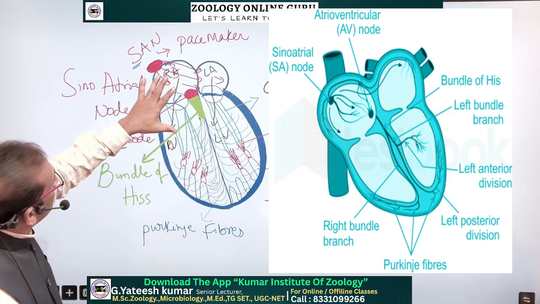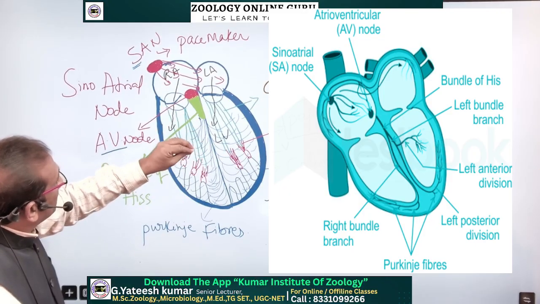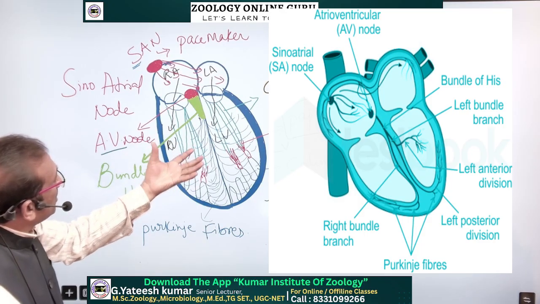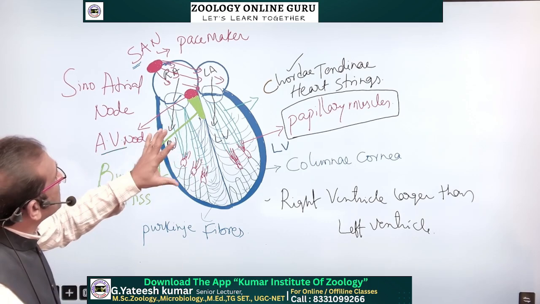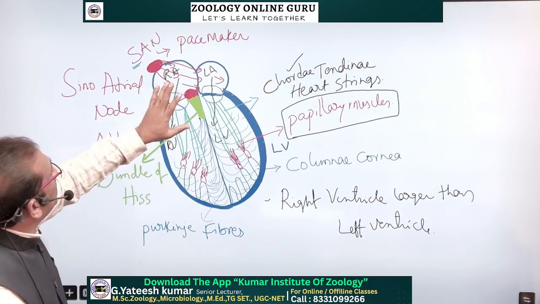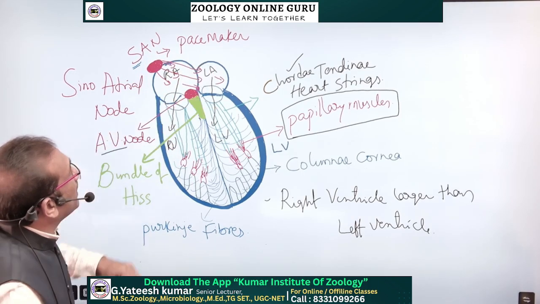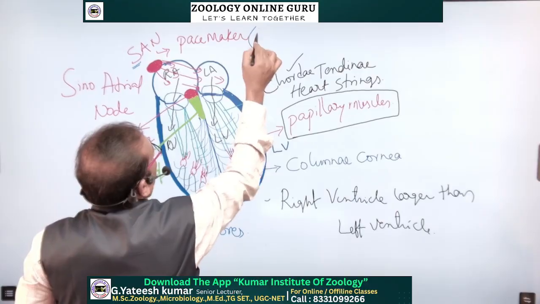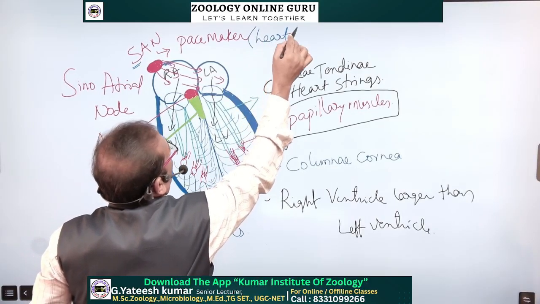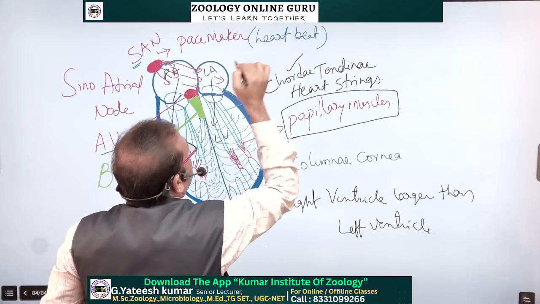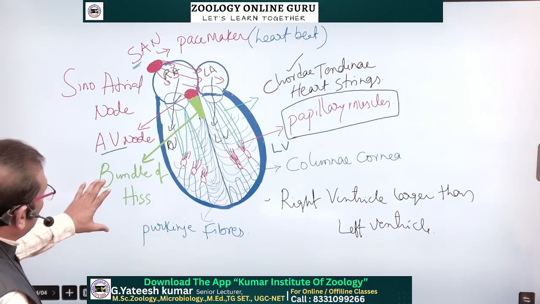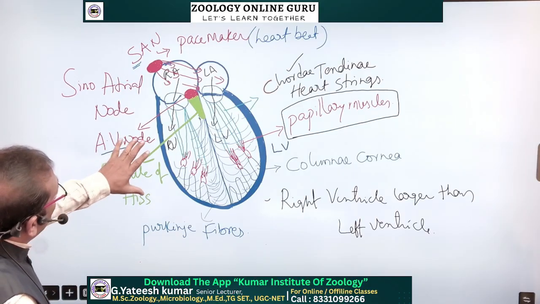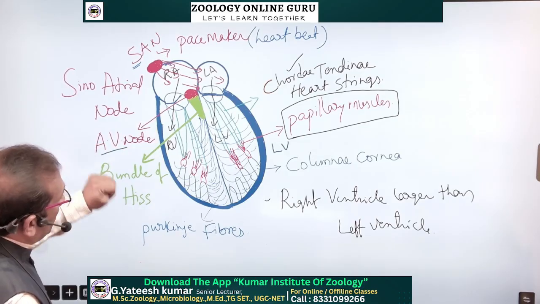Then all the heart muscles contract and start the heartbeat. So for the starting of the heartbeat and cardiac cycle, the sinoatrial node is known as the pacemaker. Okay, so this is about the internal structure of the heart.